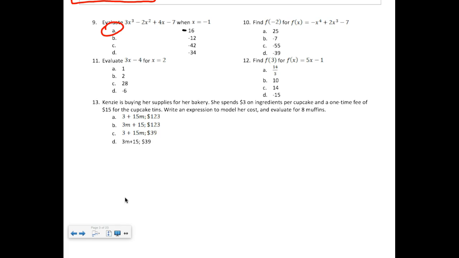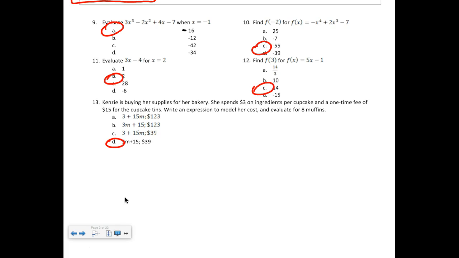Everyone's okay with that? And then on 13, did everyone get D? Is everybody okay with that? On this one, I'll give you guys these two. I have B and I have C. Can you handle plugging things in? Can you handle writing an equation and then plugging stuff in?